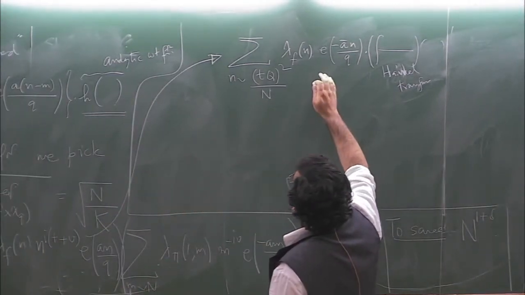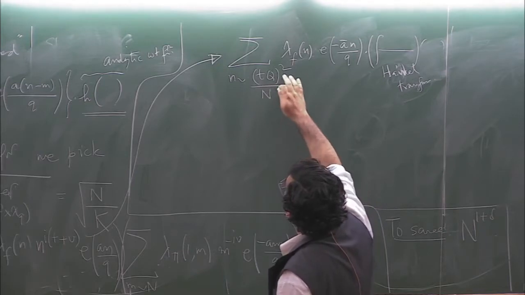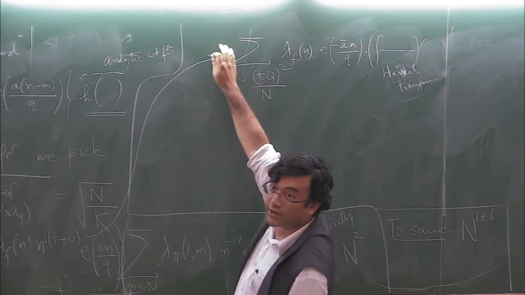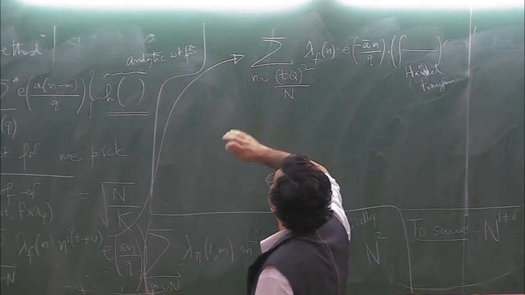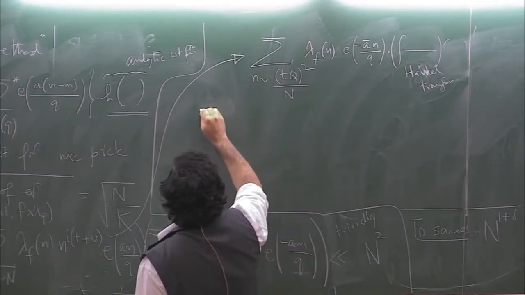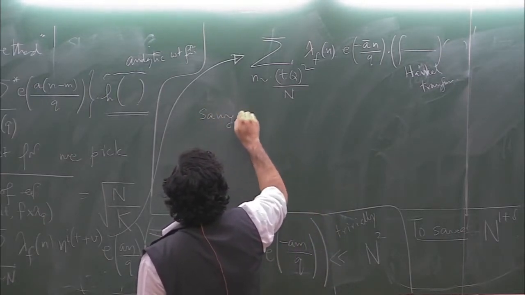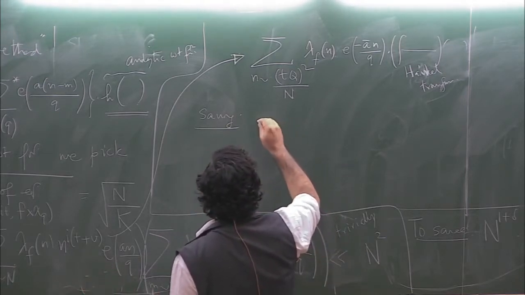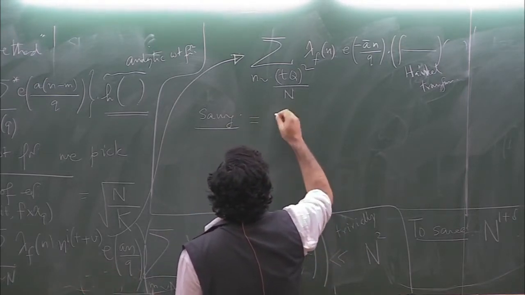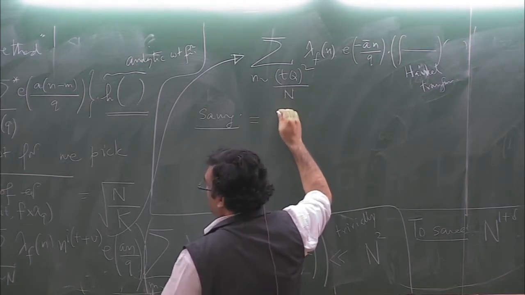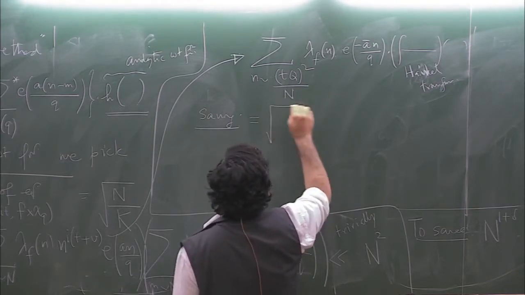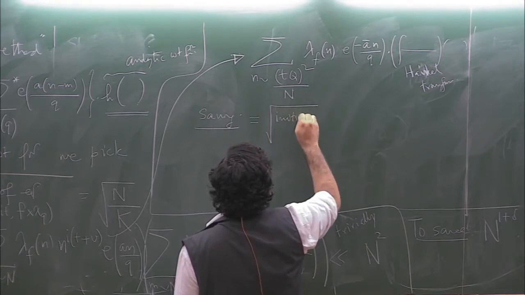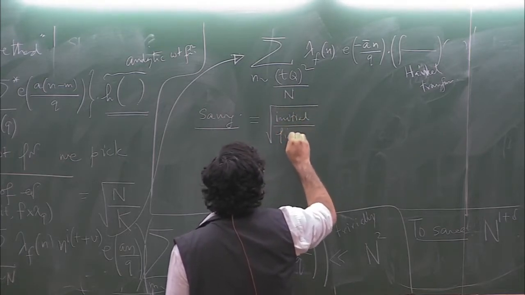If I estimate this trivially, I'll get tq squared by n, but there will be some weight factor coming up over here, right? So the saving in this process is basically given by the square root of the initial length by the final length.